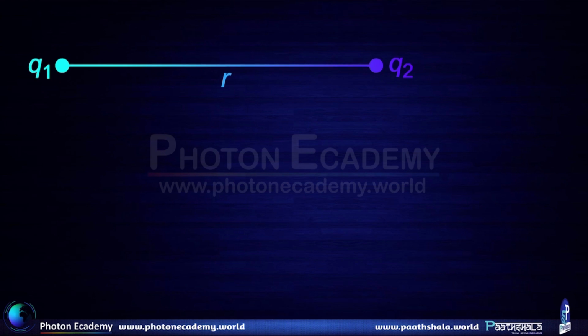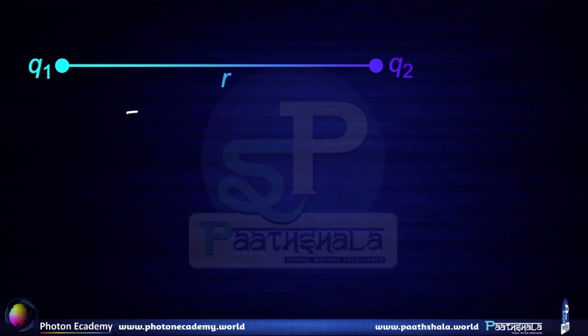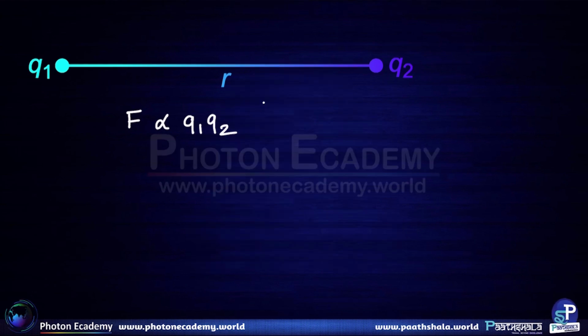Now, Coulomb noted empirically, that is experimentally, that the force between these 2 point charges, F, is proportional to the magnitude of the two charges. So F was proportional to Q1 Q2. He also noted that F was also proportional to 1 over r square, r being the distance between the two charges.